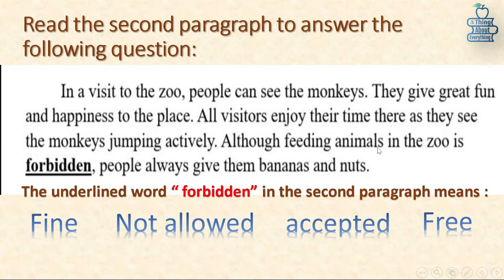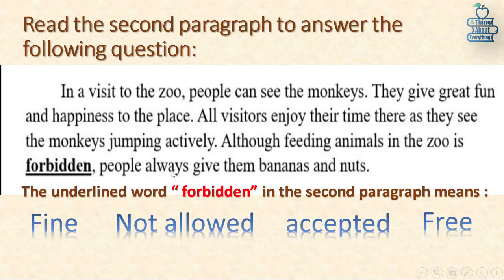Although feeding animals, so here we are scanning. We are just searching for details. Okay, we use this technique for searching for details. We use scanning. Although feeding animals in the zoo is forbidden, people always give them bananas and nuts. Understand from "although" that they are doing the opposite action.